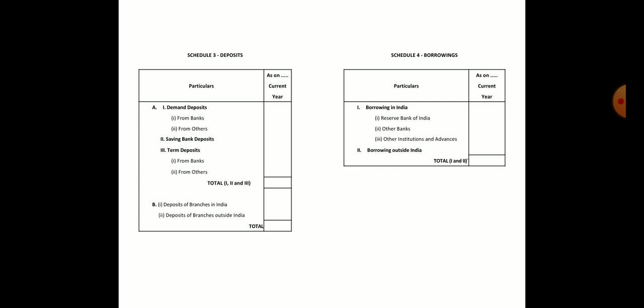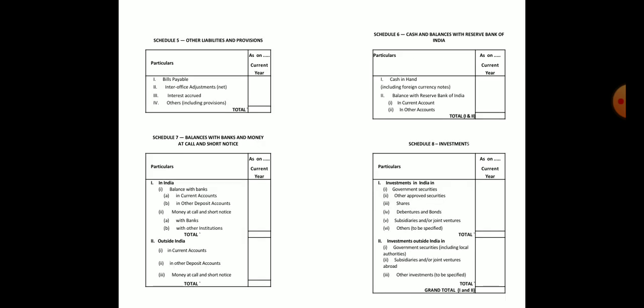Borrowings in India are basically borrowings from the Reserve Bank of India, from other banks, from other institutes, and advances. So if we add the 2 points, borrowings in India and borrowings outside India, we will get the fourth schedule.